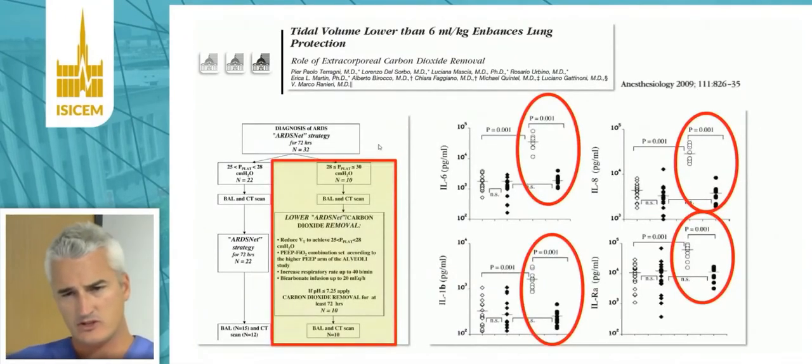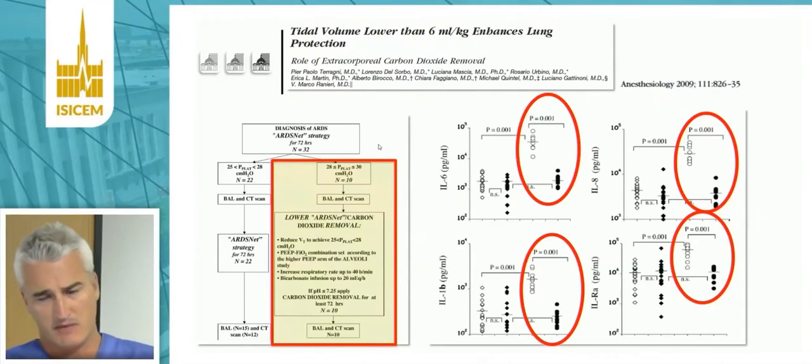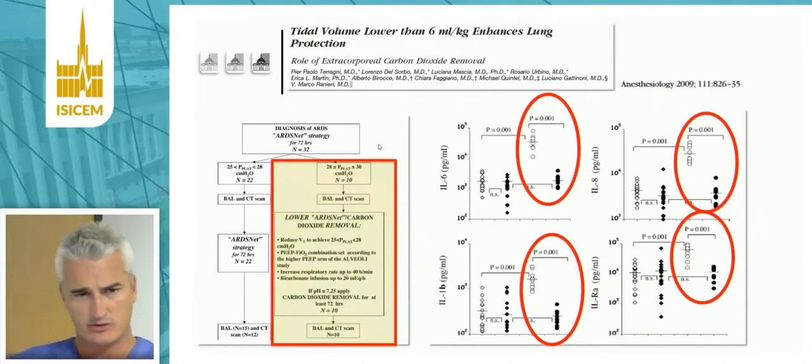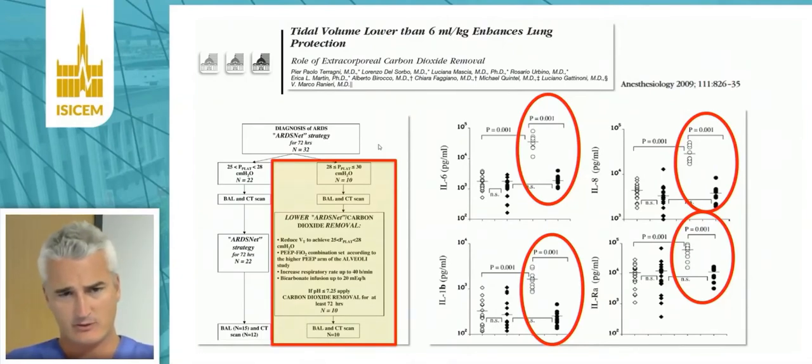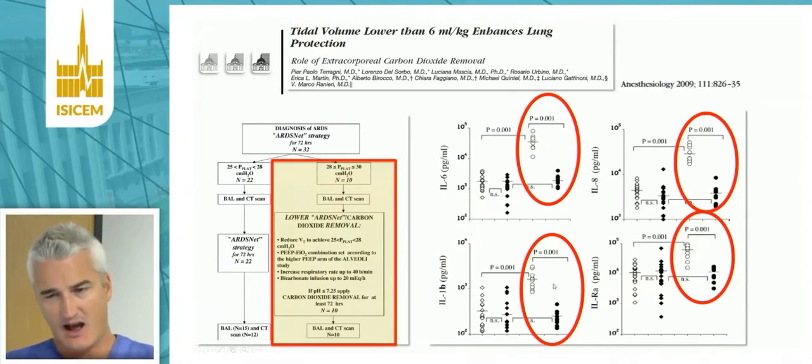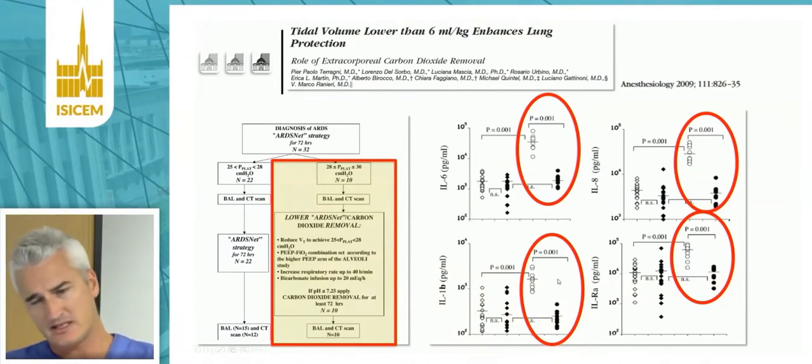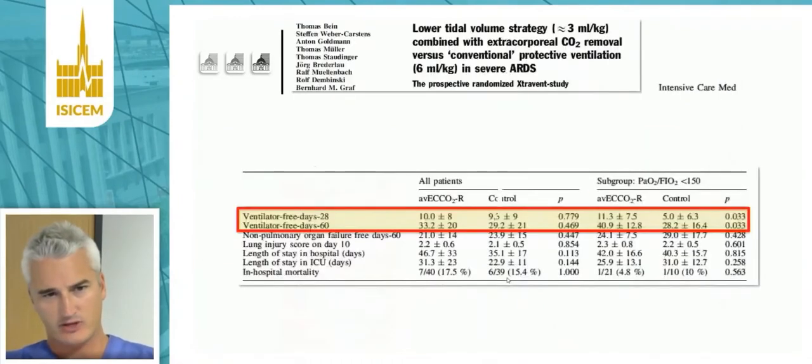So by reducing the tidal volume, and in this way reducing the plateau pressure, you see that in that experience, when they targeted a plateau pressure of 25 by reducing the tidal volume and applying carbon dioxide removal, and did a bronchoalveolar lavage before and 72 hours after, all the cytokines markedly decreased due to the reduction of the tidal volume and the plateau pressure.